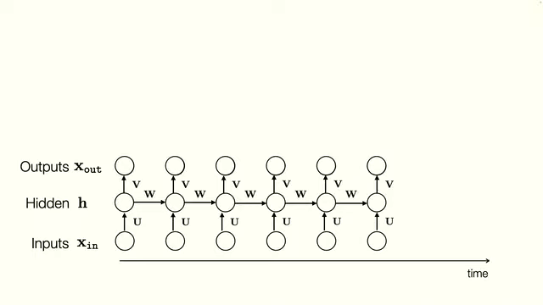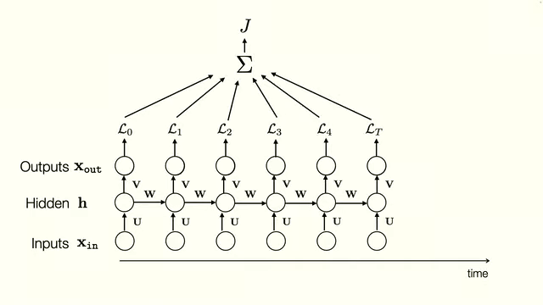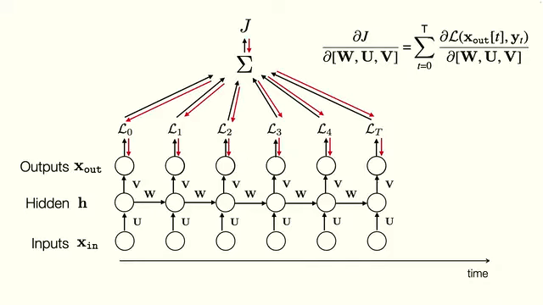So we want to figure out how we want to change all of these, but of course, W is shared over time. So we have to do backprop over shared parameters. So we're going to sum up all of these individual losses, and now we're going to be passing this gradient back. And now, does anyone remember what it looks like when we have backprop over shared parameters, right?